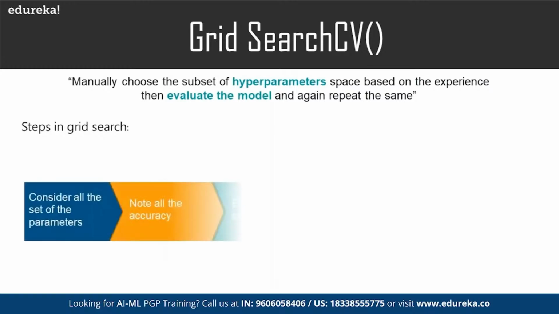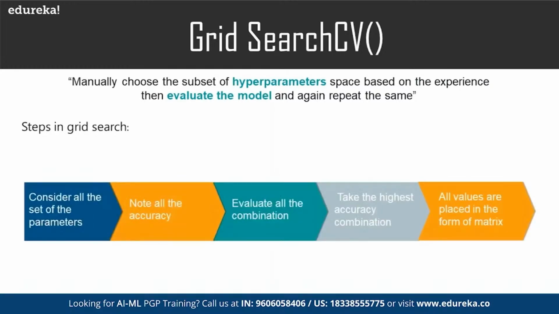Grid-wise, we consider the set of parameters that are needed, and we note all the accuracies yielded with the different sets of parameters, evaluate them by combining all of them, and then take the highest accuracies from the combination.